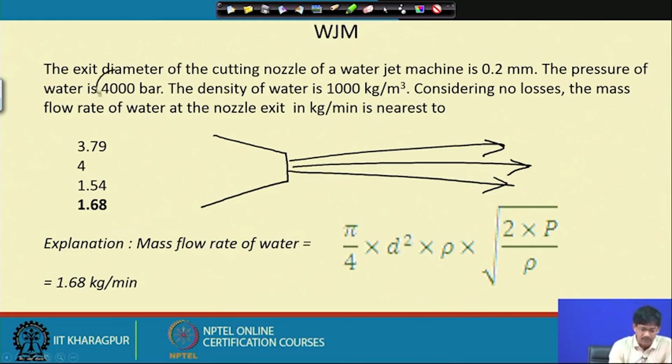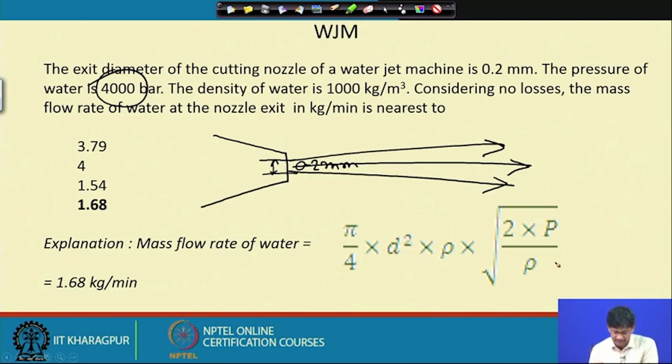From 4,000 bars, and the nozzle diameter at the outlet here is only 0.2 millimeters. Just imagine 0.2 millimeters, so small. So, how can we find out the mass flow rate of water at the nozzle exit in kgs per minute? I will just give you the basic idea, and from there you can find out.